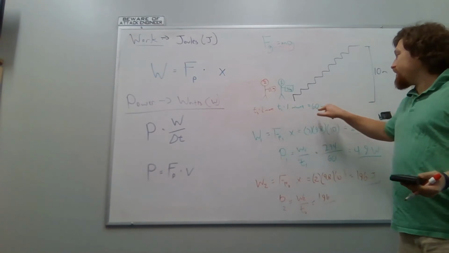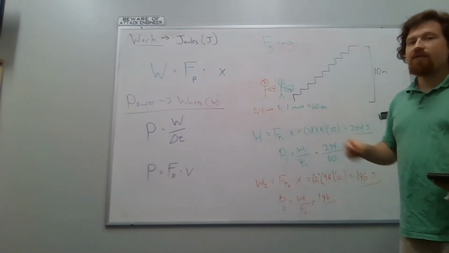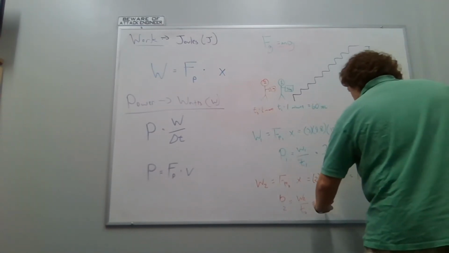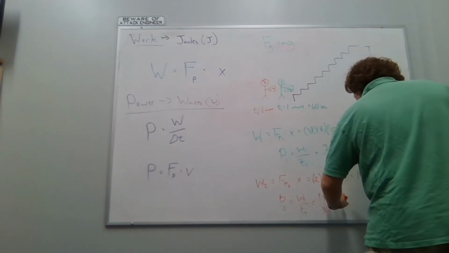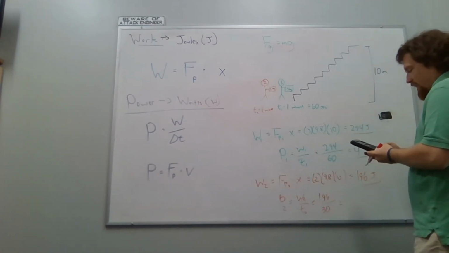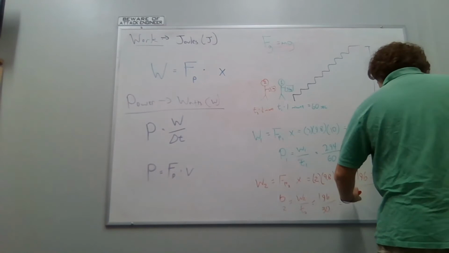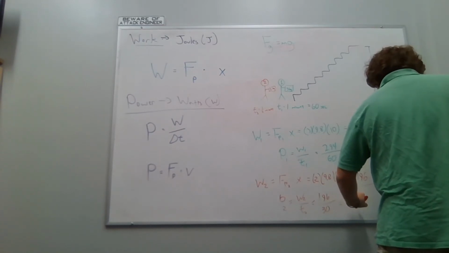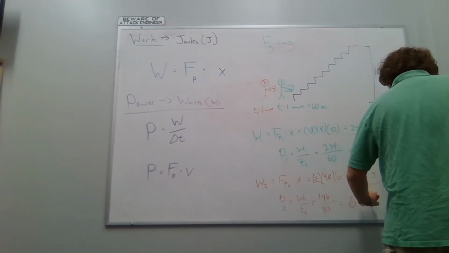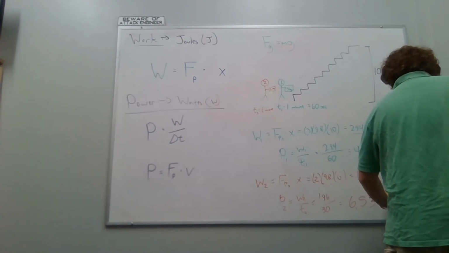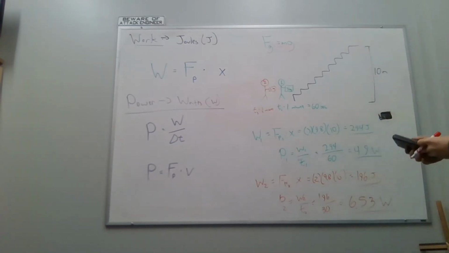If 1 minute is 60 seconds, half of a minute is going to be 30 seconds. So we're going to divide by 30. 196 divided by 30 is going to tell us 6.53 watts of power. So, person 2 had a better power output.